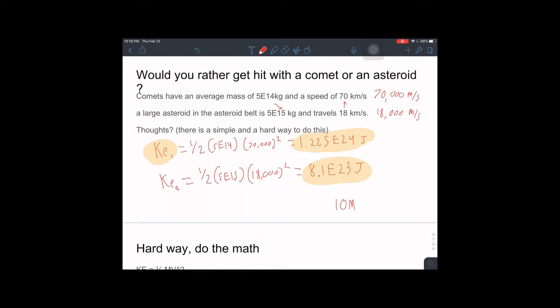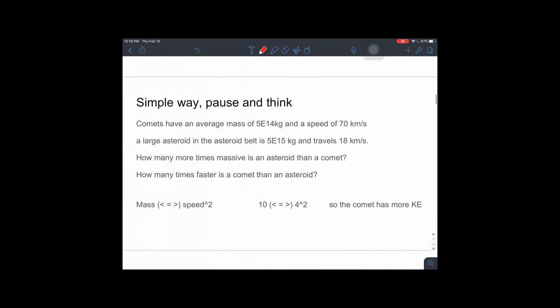What this means is we take our 4 times higher velocity in our comet and we can square it, and we see that 16 is larger than 10. This means conceptually you can just do in your head that the comet will have more kinetic energy, as its velocity more than makes up for its lack in mass.